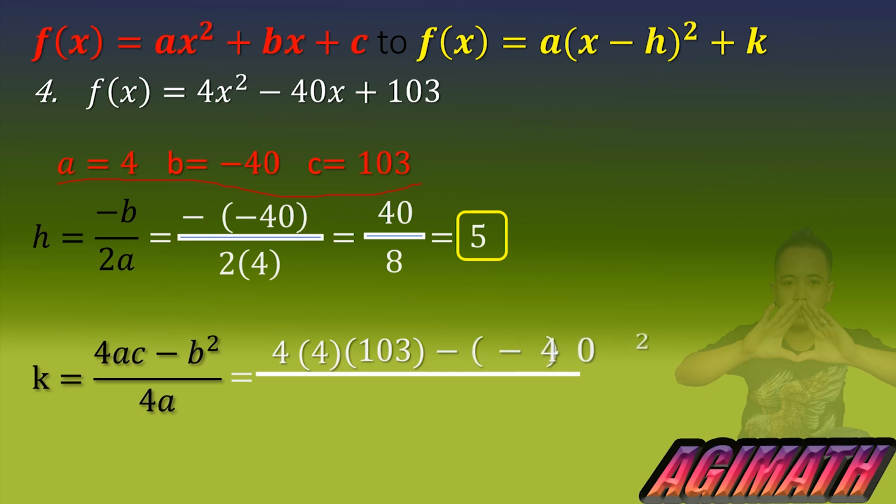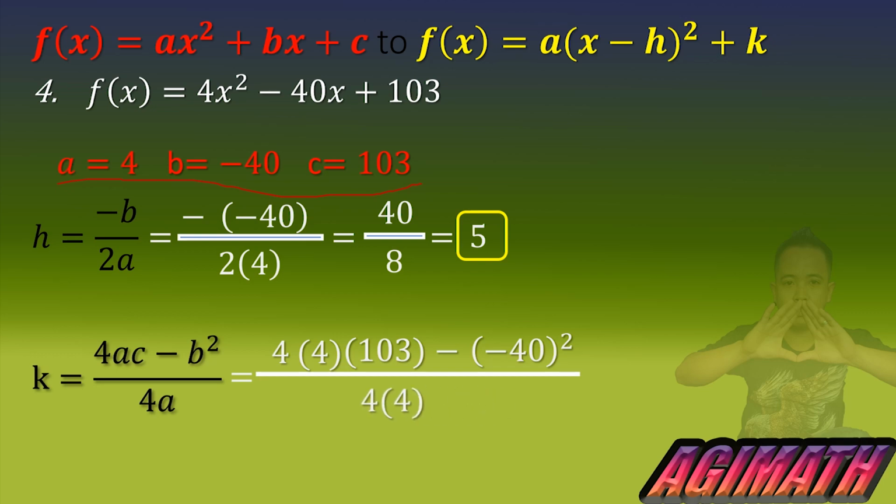If b is negative, enclose that one in parentheses, because if you will not enclose, you might make it positive before you square, and that's wrong. Enclose that one in parentheses, signifying that we are going to square it before performing subtraction.